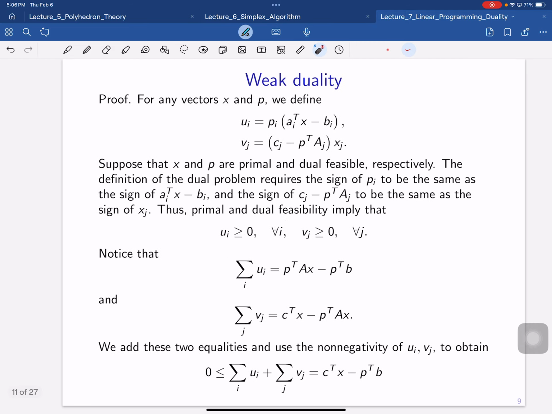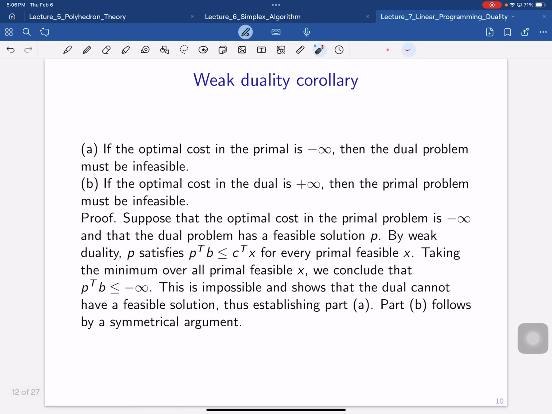So this is a type of proof. Now, what does weak duality imply? There are some corollaries you can get from weak duality. The first corollary says if the optimal cost in the primal is minus infinity, then the dual problem must be infeasible.